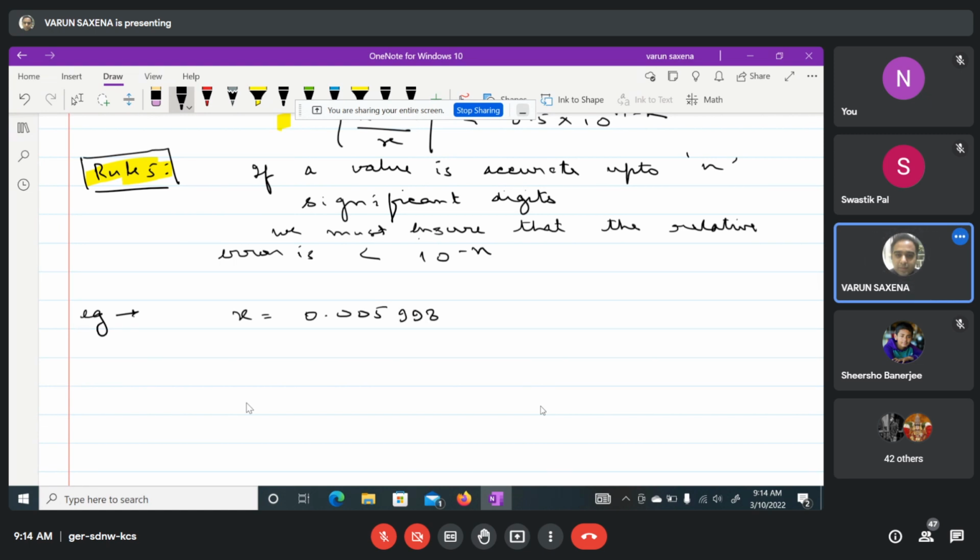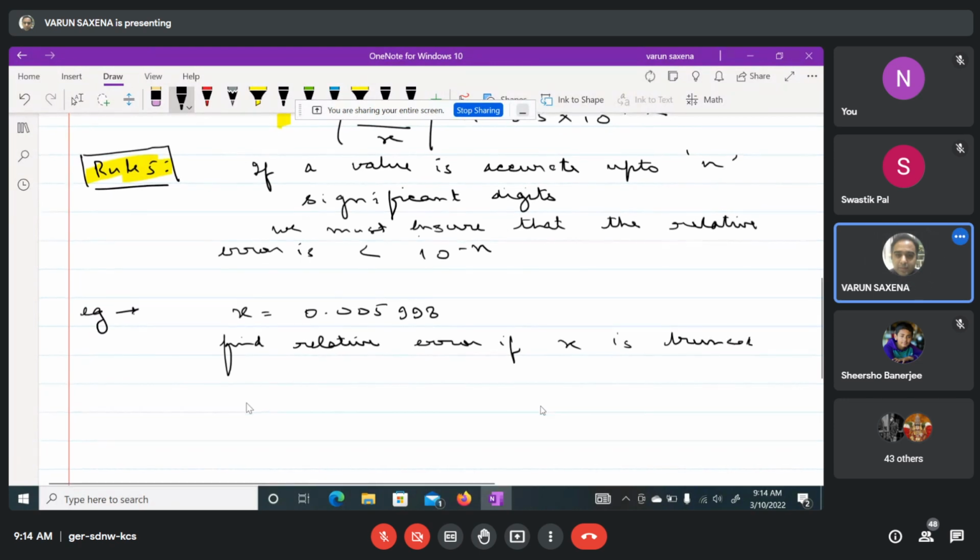Find the relative error if x is truncated to 3 decimals.